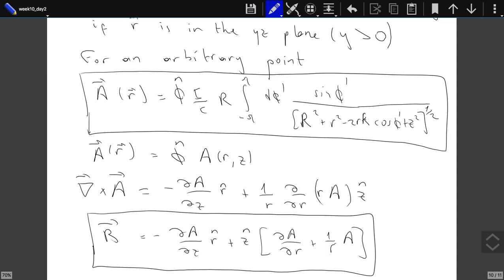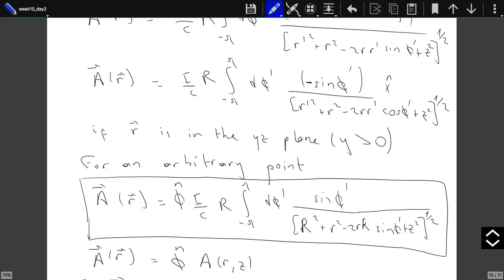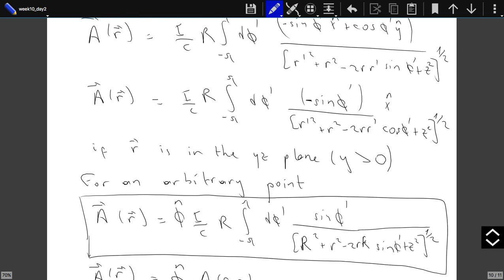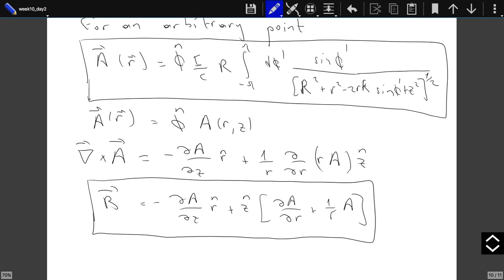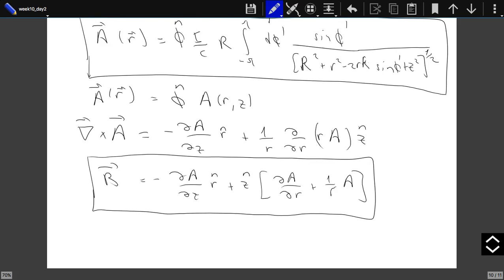And let me just make another correction. This is not cosine, this is sine phi prime.